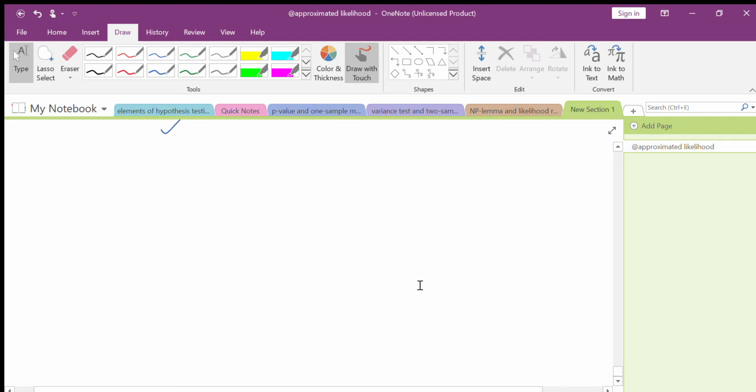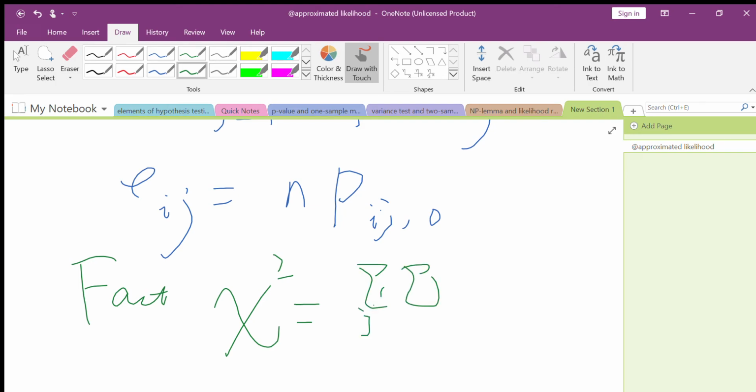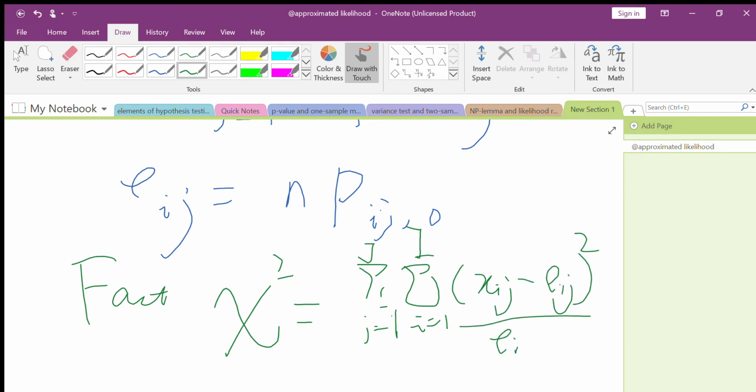And remember as a fact, chi-square equals the summation, j from 1 to capital J, i from 1 to capital I, of small xij minus eij squared divided by eij, follows a chi-square distribution.